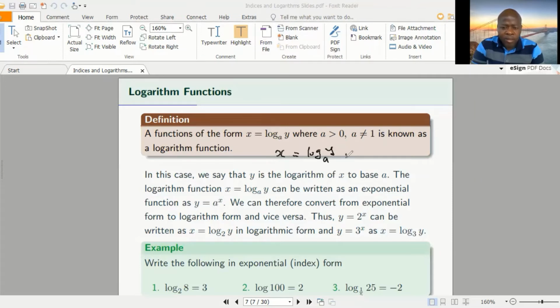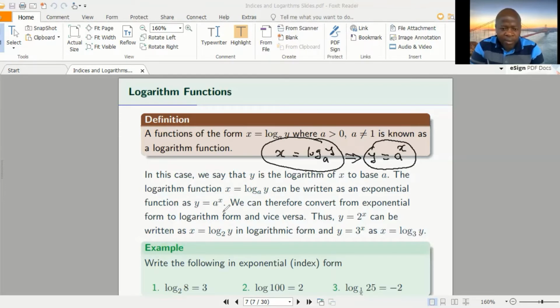So y goes to where x is and x goes to where y was. So this one is the index form of this logarithmic form. This is the logarithmic form, and it can be converted to index form.